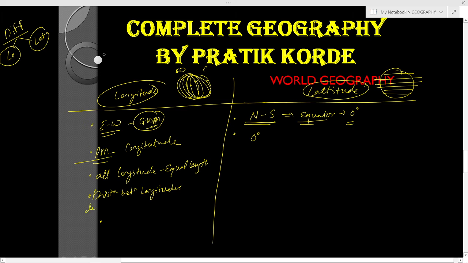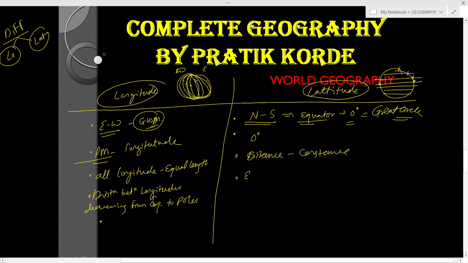As far as latitude is concerned, the distance between the latitudes is constant, the same, but the size of all the latitudes is not the same. The size decreases here. The largest latitude is the equator, and it decreases. So the equator has the maximum length, and it is also called the great circle.